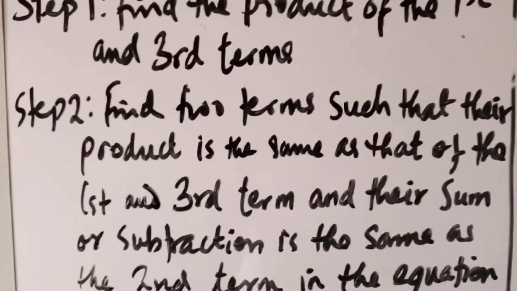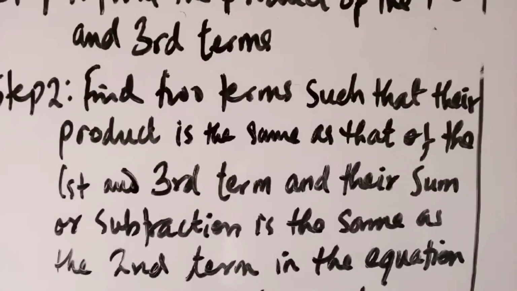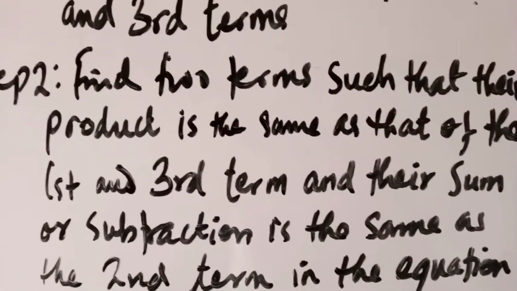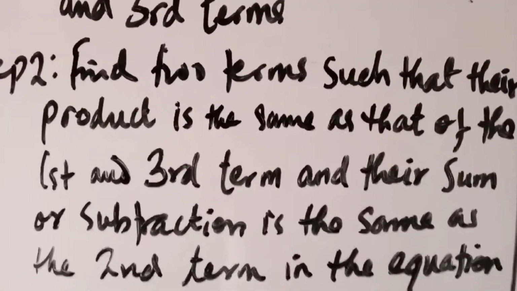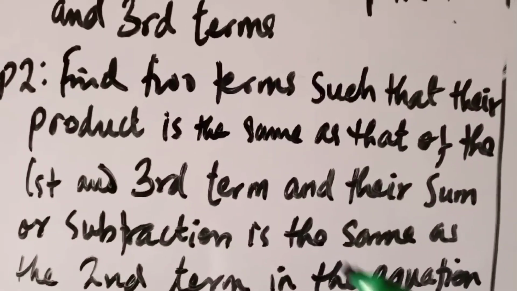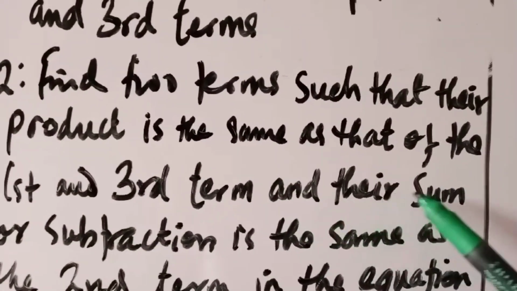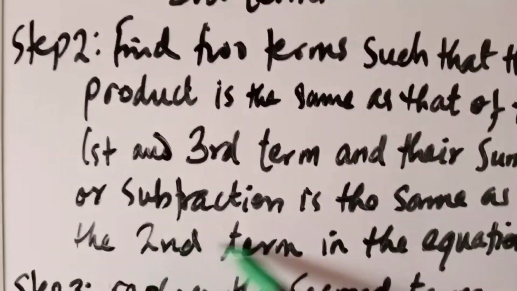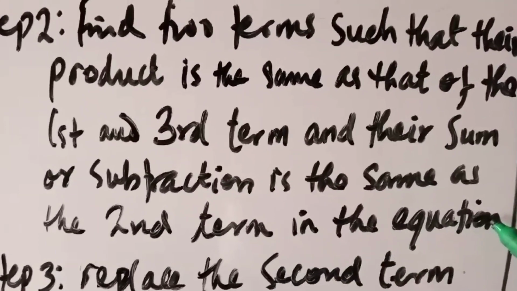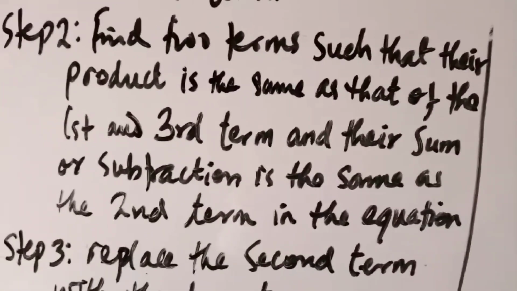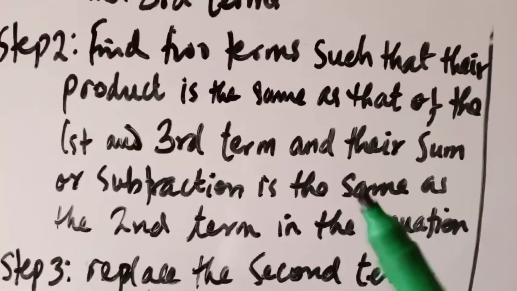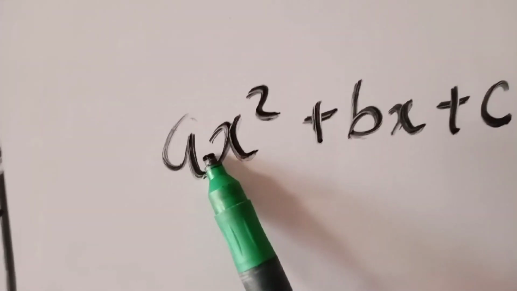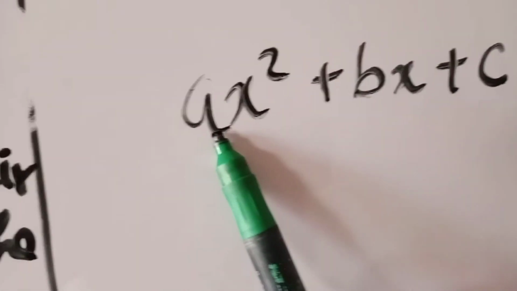Step 2: find two terms such that their product is the same as that of the first and third term, and at the same time their sum or subtraction is the same as the second term in the equation. So we are going to look for two terms such that when we multiply them together, they give us whatever this term and this term would have given us.